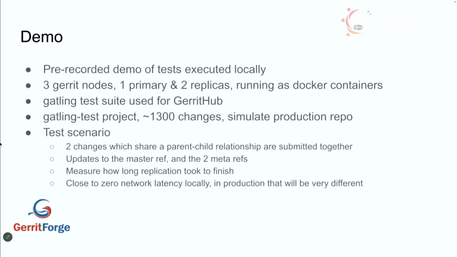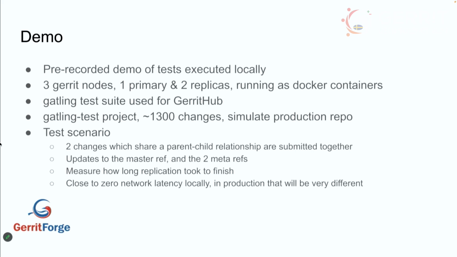And I used the Gatling test suite that GerritHub uses. I ran the test against the Gatling test repo that I created on my primary node. This created about 1,300 changes, and essentially that's simulating a production repo.